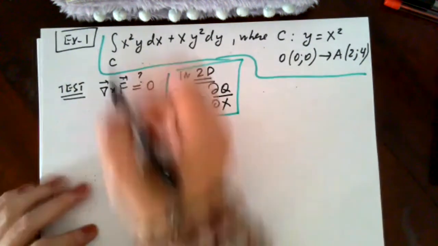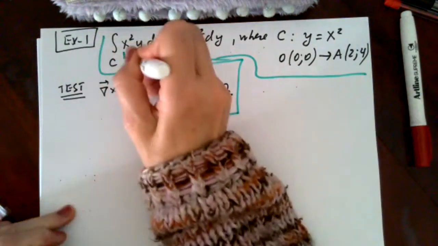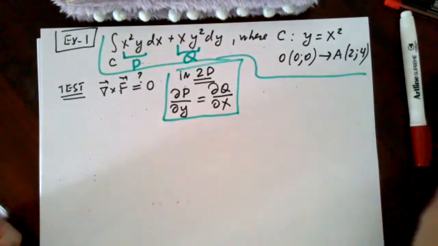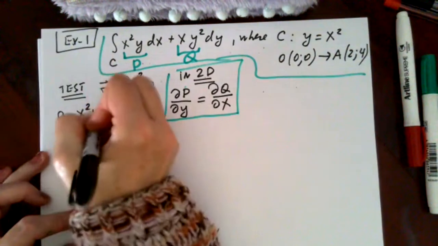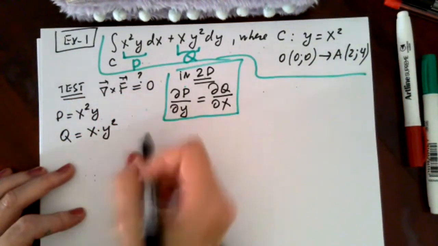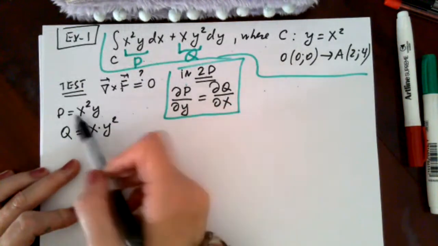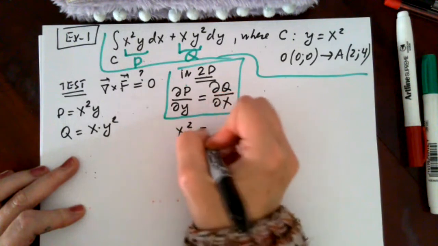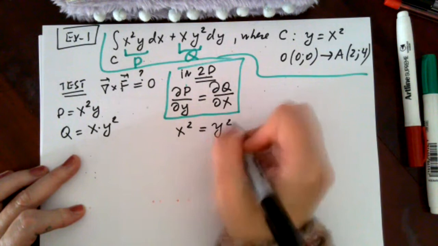Let's check this. Our P is this component by dx, and this is our Q. So this is our vector field. Let's write them down here. P is equal to x squared y, Q is equal to x y squared, and let's check this derivative. dP over dy is equal to x squared, and dQ over dx is equal to y squared.